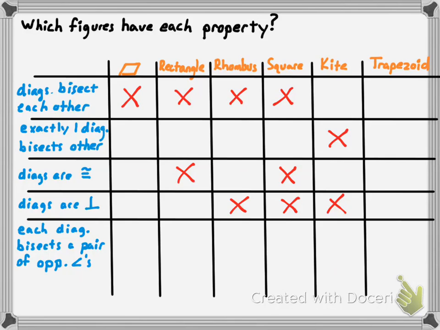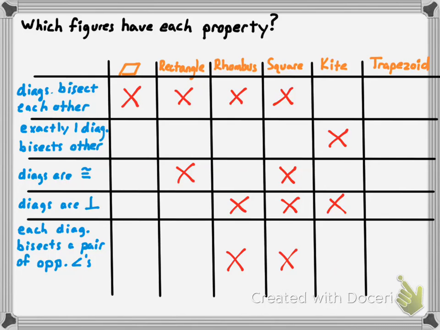Well, that's something that we said is true for rhombuses and for squares. Now, this chart that I've gone through, this is something that you ought to be able to fill in. You ought to be able to identify all the quadrilaterals that have exactly one diagonal that bisects the other. I don't think any of it doesn't make sense, because we're just summarizing information that you've already learned. But know that you need to know all of these properties.